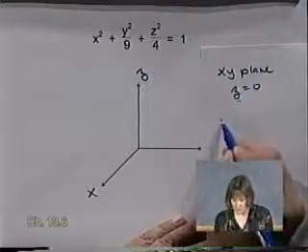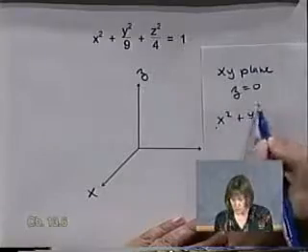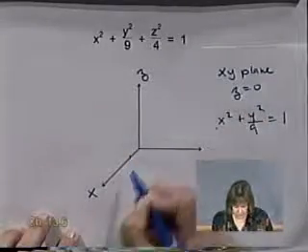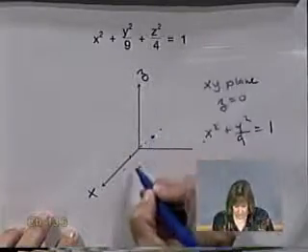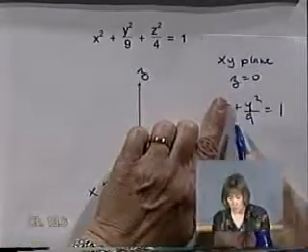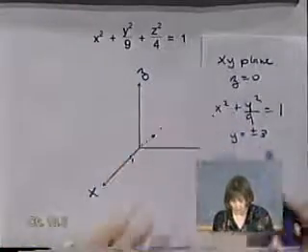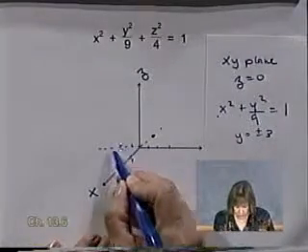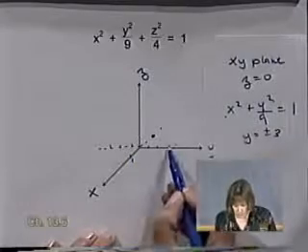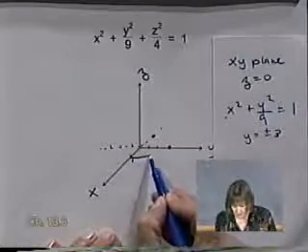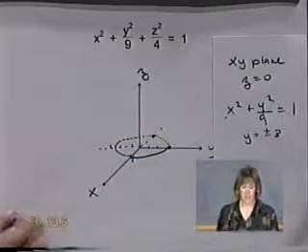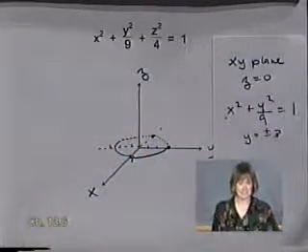With z equal to 0, I have x squared plus y squared over 9 equals 1. If I let y be 0, x is plus or minus 1. If I let x be 0, y is plus or minus 3. 1, 2, 3. I have this point, that point, that point. Dot it when it goes behind. And there's my ellipse in the xy plane.